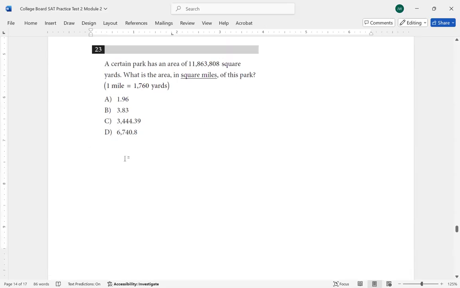Question 23 says a certain park has an area of 11,863,808 square yards. What is the area in square miles of this park? And then it says 1 mile equals 1,760 yards.